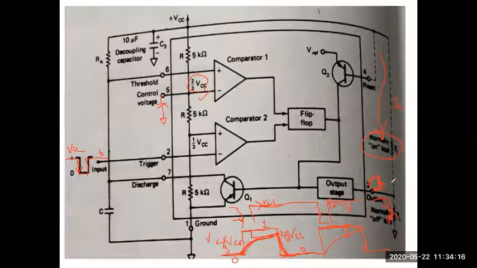Whenever pin 3 goes to logic 1, what will happen? This end of resistor is also at VCC and the other end of resistor, logic 1, is also at VCC. Both ends are at the same voltage. There won't be any current through this resistor at that time. That will happen whenever the output state changes to logic 1. So such load resistors which are connected between VCC and the output terminal are called normally on load resistors.